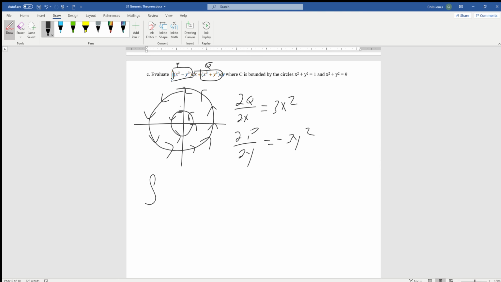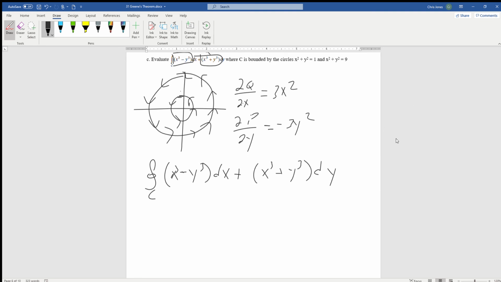Okay, so now remember, this is a closed region, so we could write it like that, not that we have to, of x cubed minus y cubed dx plus x cubed plus y cubed dy. And we can turn that now into a double integral.